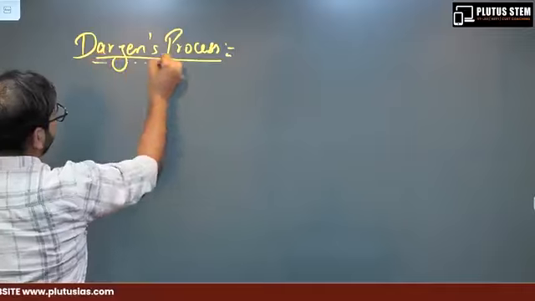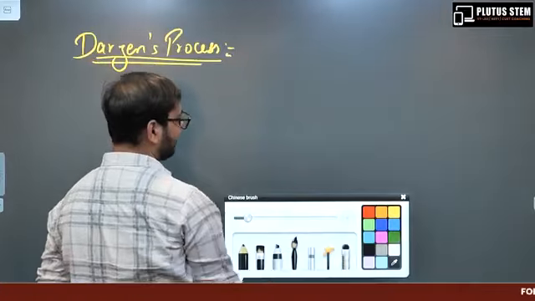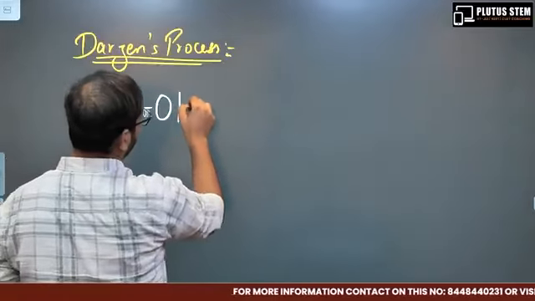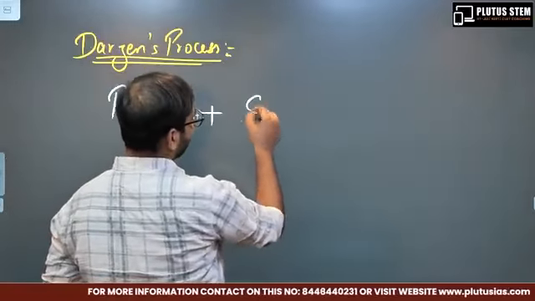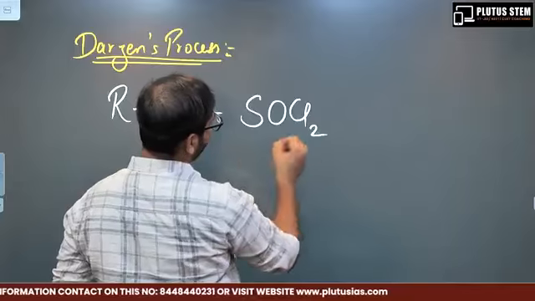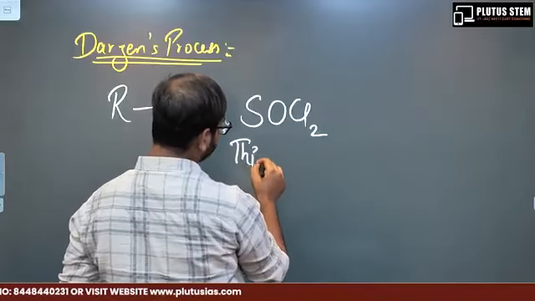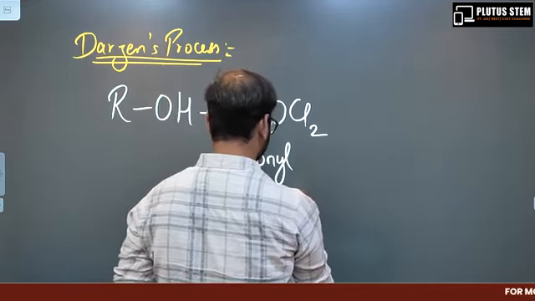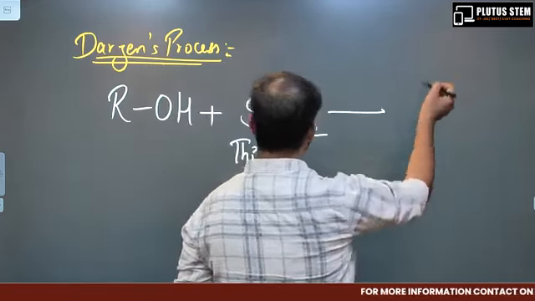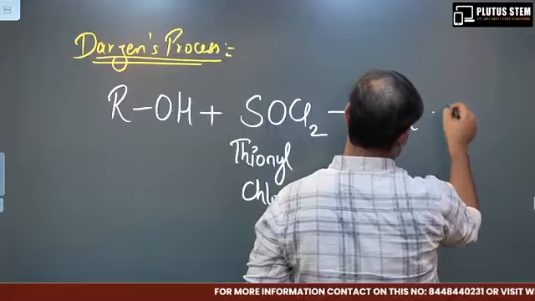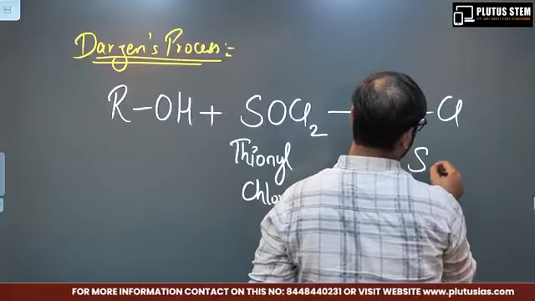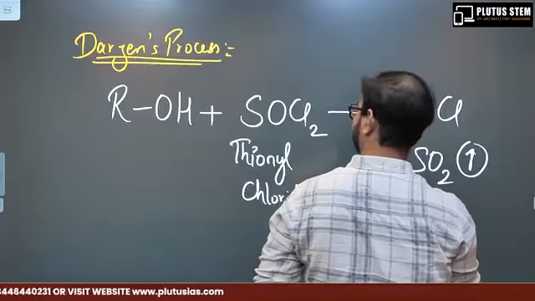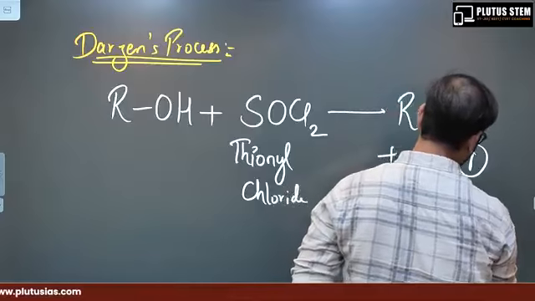a reaction mechanism that is used in the preparation of alkyl halides from alcohols, where the alcohol reacts with SOCl2, which also goes by the name of thionyl chloride, and produces alkyl halide, SO2, which is a gas that escapes out, and another gas, HCl, which also escapes out.